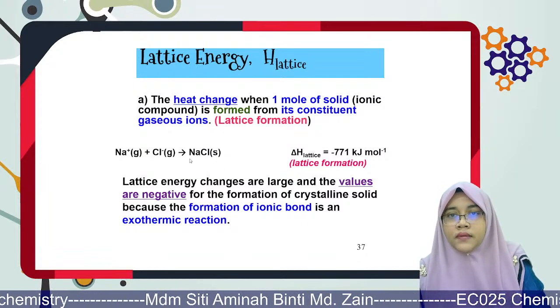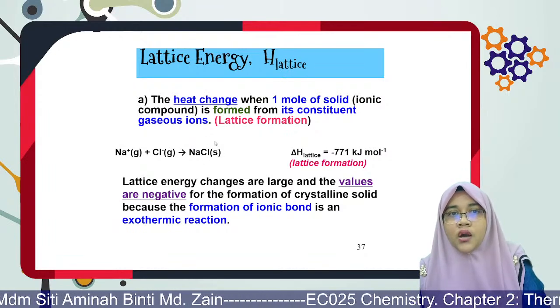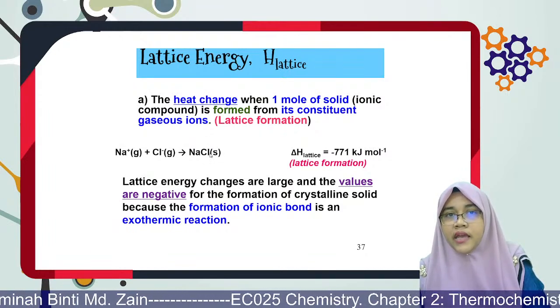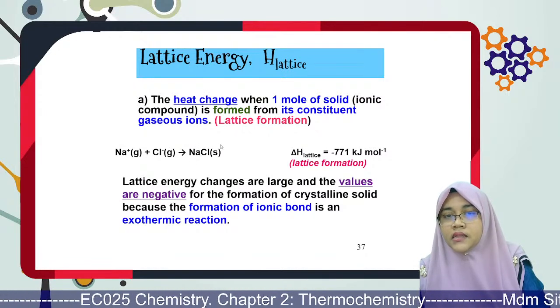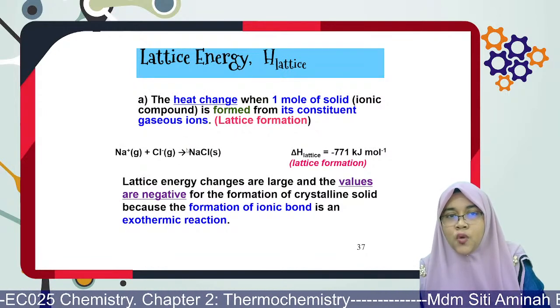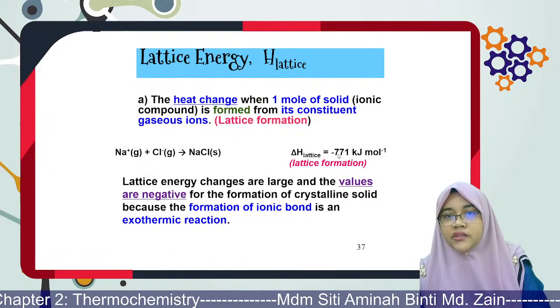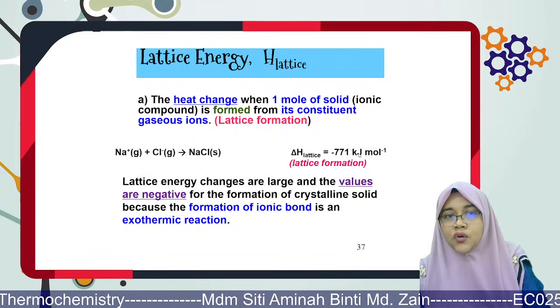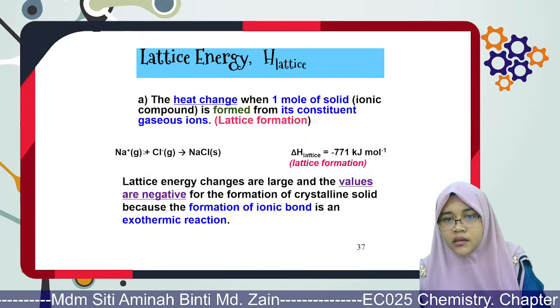So when 1 mole of solid ionic compound is formed, we call it lattice energy formation because 1 mole of solid lattice is being formed. So for each 1 mole of sodium chloride solid formed, 771 kilojoule is released.